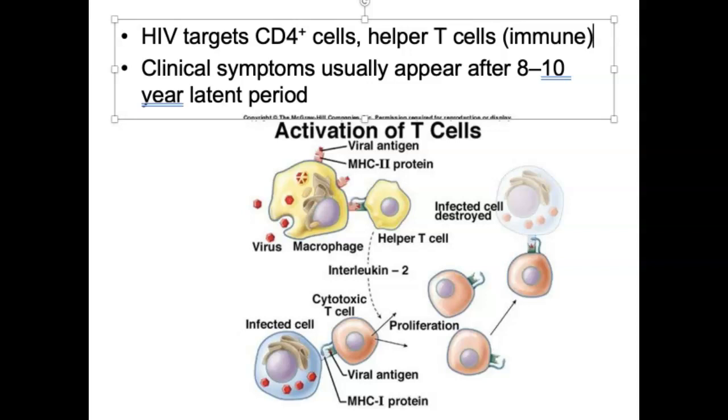So the HIV goes after those and destroys those, destroys the immune system cells, and this again is what is going to crash your immune system eventually. What's challenging here is clinical symptoms usually appear 8 to 10 years later after the initial infection.